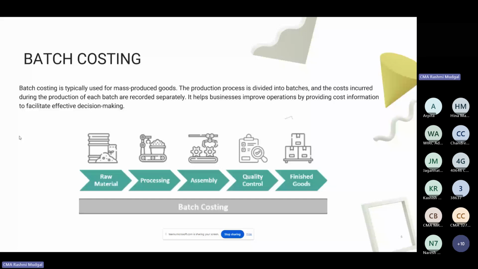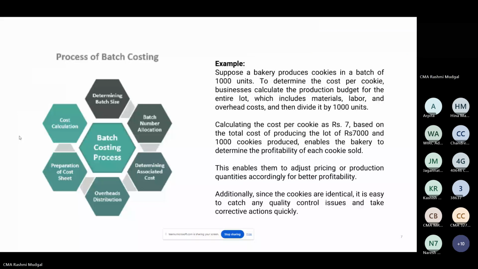Now take an example of batch costing also. Suppose a bakery produces cookies in a batch of 1000 units. To determine the cost per cookie, the business calculates the production budget for the entire lot, which includes material, labor, and overheads, then divides it by 1000.